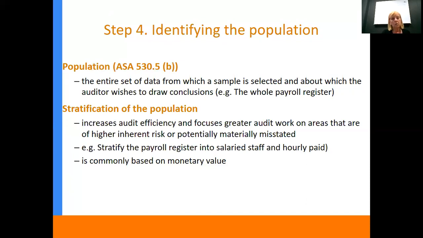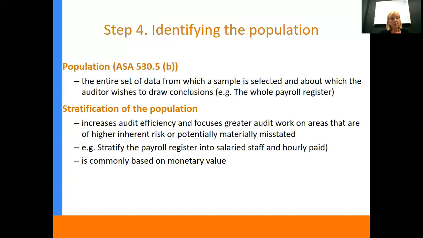If I'm doing an audit of asset balances, I'm generally interested in finding out whether assets have been overstated. That's what management are going to do if they're going to report fraudulently, they're going to try to overstate assets, understate liabilities.